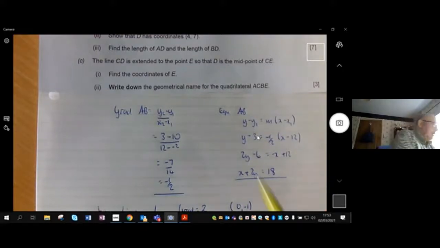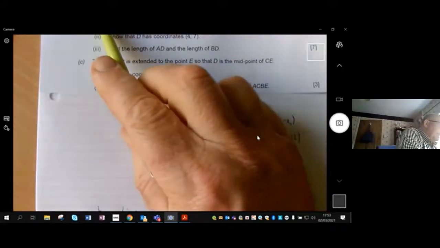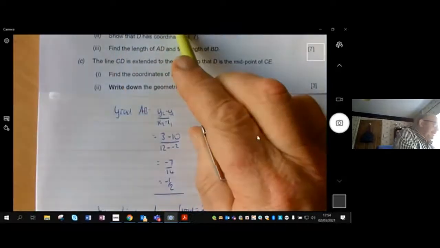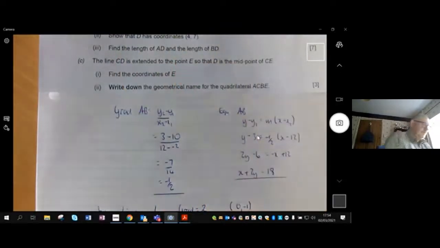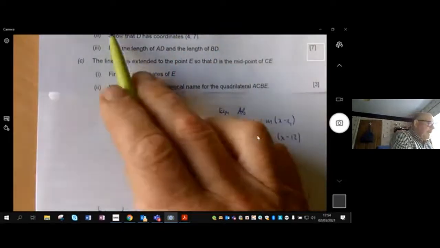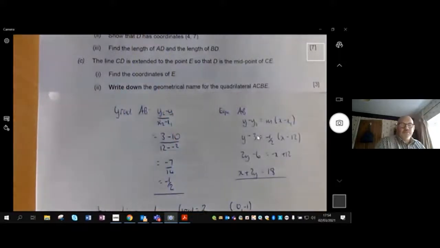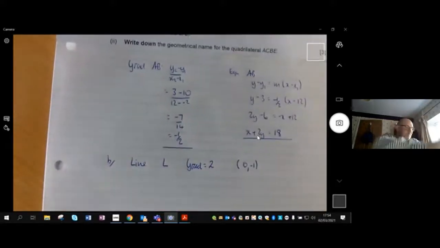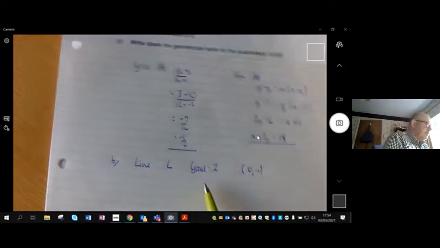Okay, and the lines AB and L intersect at D, right? Write down the equation of L. Now then, you might think, well, that's a bit hard. If the question says write down, it is possible literally to write it down. Well, think about it.